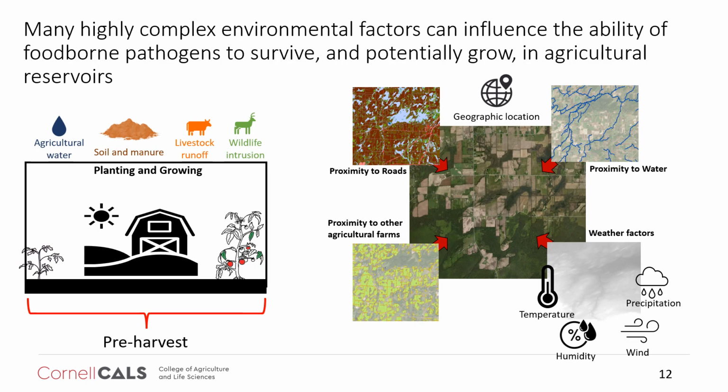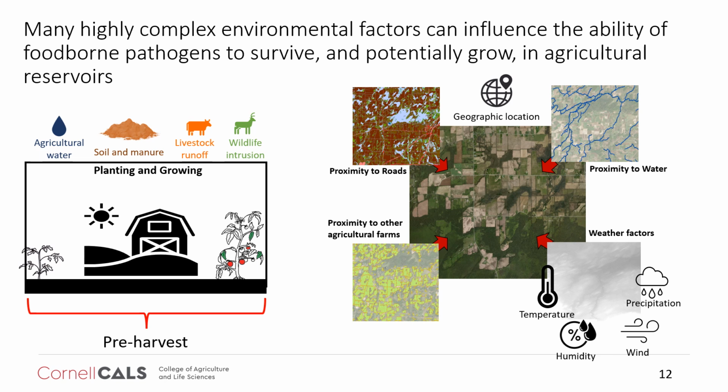The likelihood of foodborne pathogens being present in various pre-harvest contamination sources can be influenced by a variety of highly complex environmental landscape factors, including the geographic location of the growing region and its proximity to adjacent roads, water sources, and other agricultural farms, as well as weather factors such as temperature, humidity, wind speed, and precipitation, all of which can influence things like soil moisture and flooding from proximal water sources.